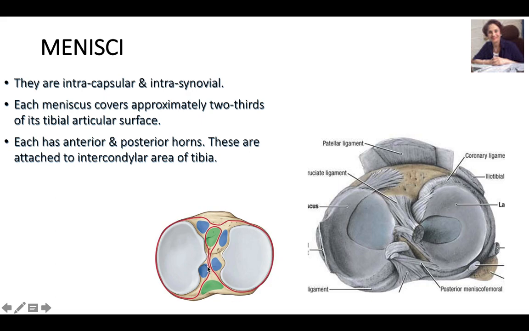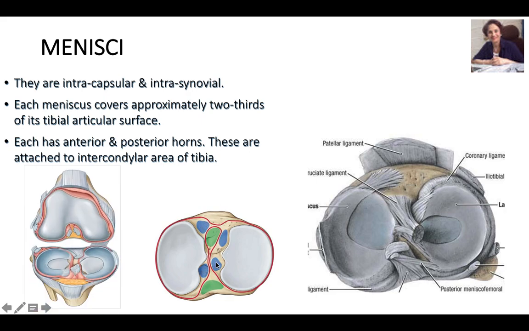Now you know that the synovial membrane is inside to the capsule, and you can see this red line is including these four things, 1, 2 and 3, 4, which are the attachments of the menisci. So they are inside the synovial membrane.